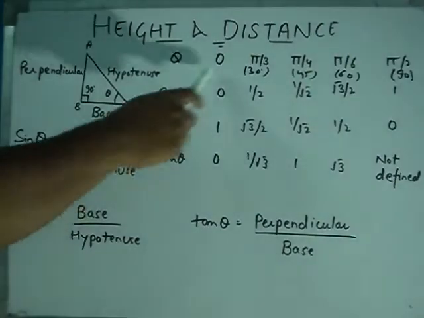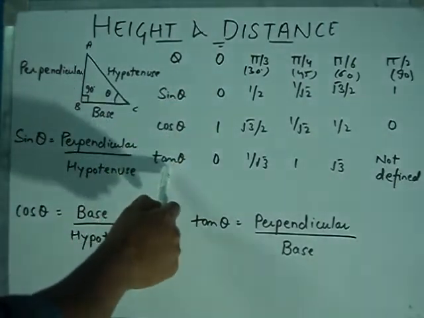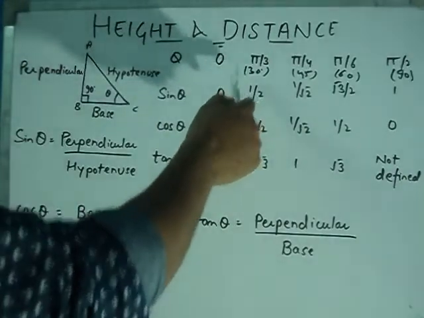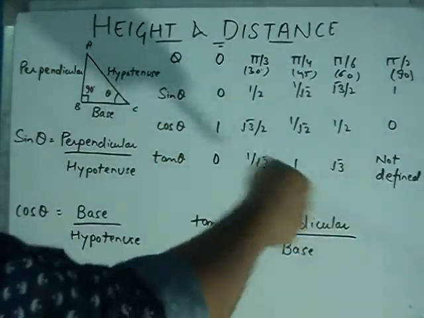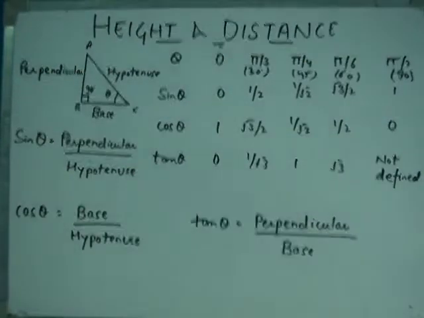And according to that, we have sin theta, cos theta and tan theta and their corresponding values at those angles, like 0, 1, 0. This is the whole table.